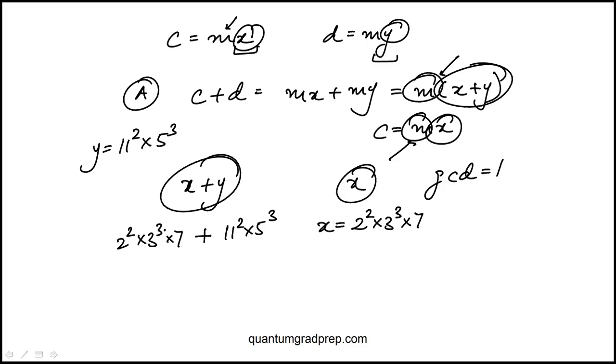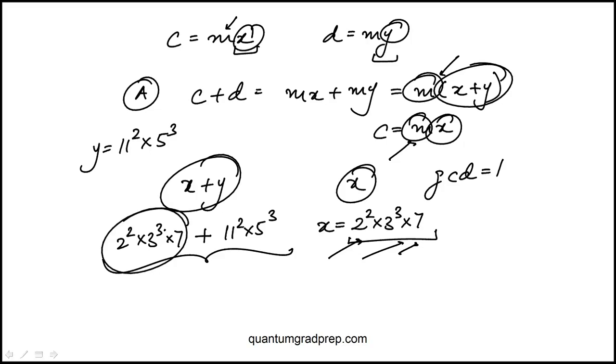Now, I have to check whether 2, 3, or 7 is a common factor of these two. So we know 2, 3, and 7 would divide x. But if you divide x plus y by 2, 3, or 7, this piece is divisible by that, but this number isn't, so we'll have a remainder. So none of these primes can be a common divisor, and basically there's going to be no common prime number or powers of prime, even 2 squared.